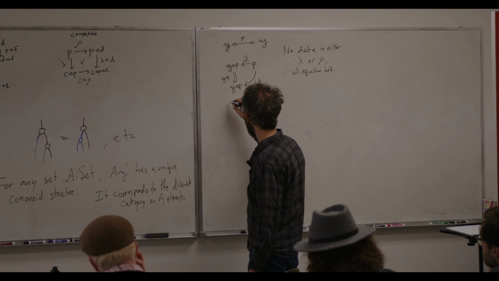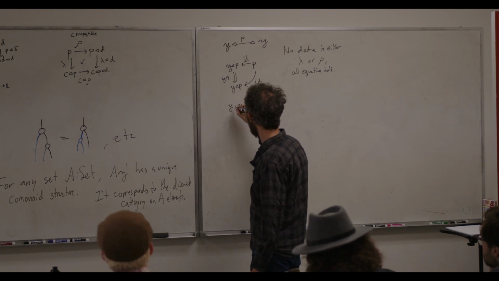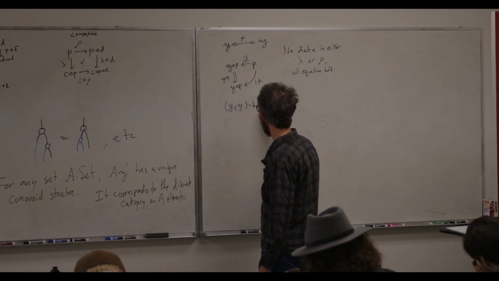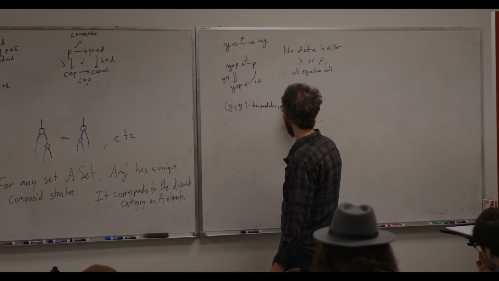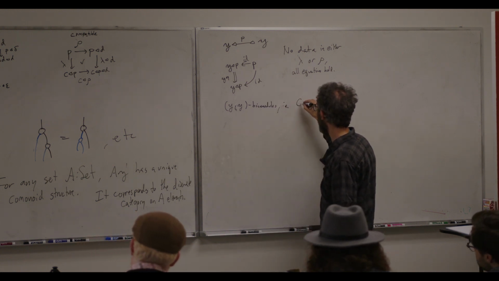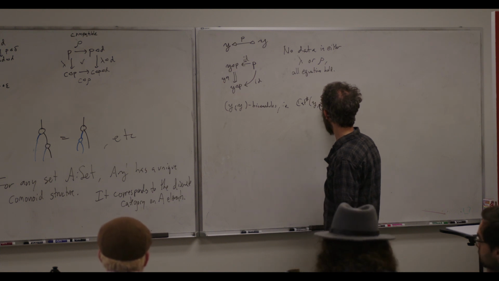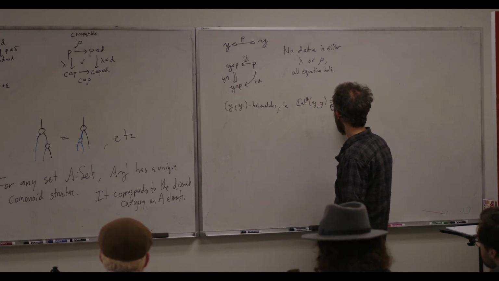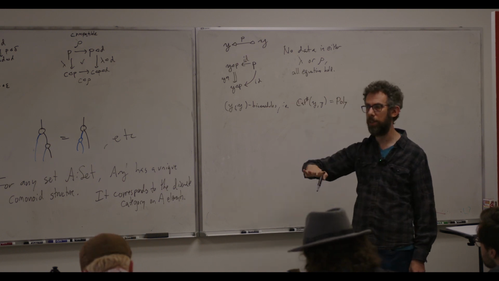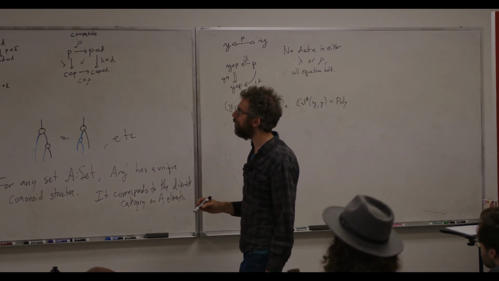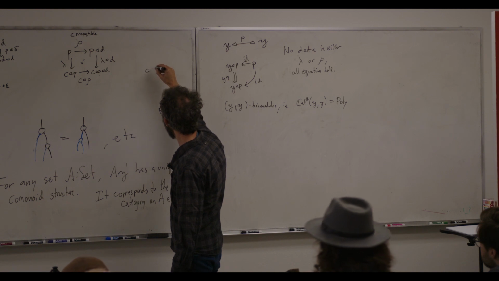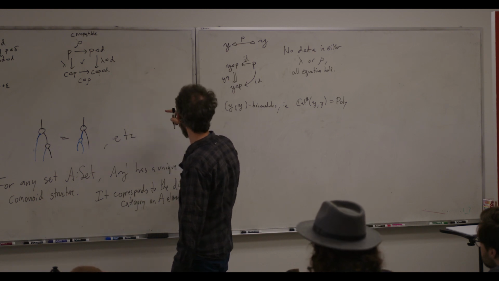Great, so YY bicomodules, i.e. cat-sharp, the horizontal maps from Y to Y, is poly. We might get to what a morphism is here. I forgot to say two things.